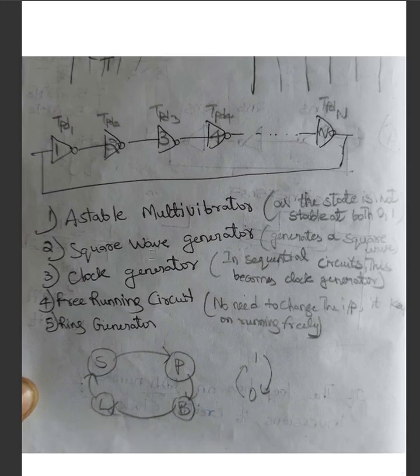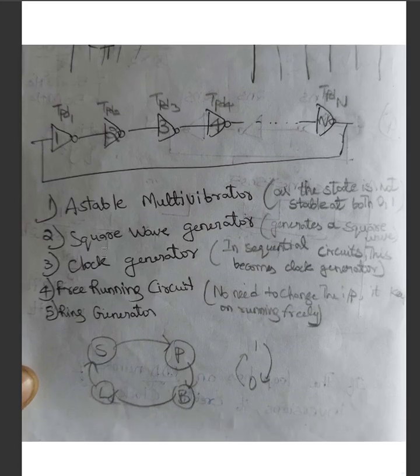If you generalize it, you get what is called an astable multivibrator. Astable multivibrator means the state is not stable at both 0 and 1. What's really happening here is, suppose you take 3 NOT gates.